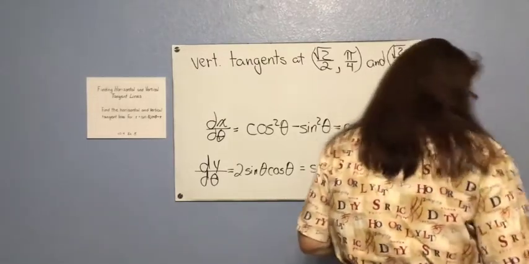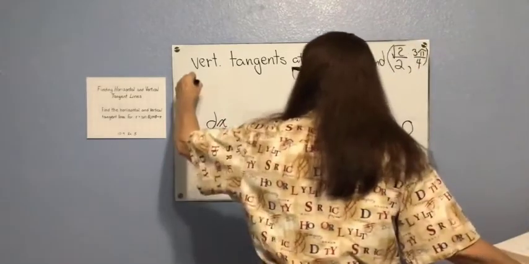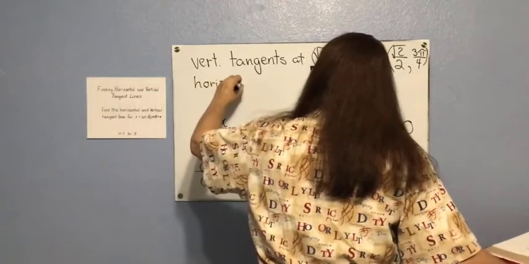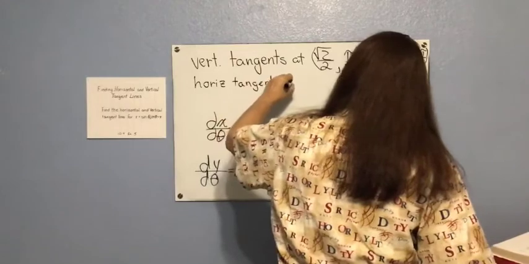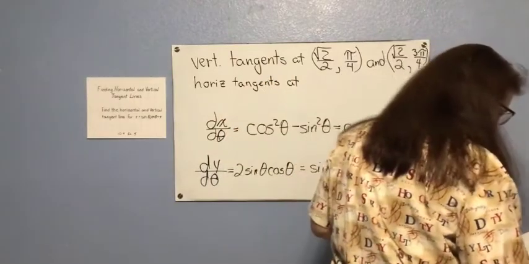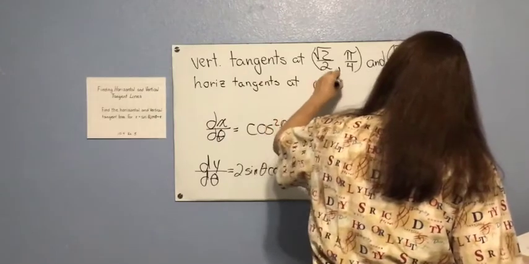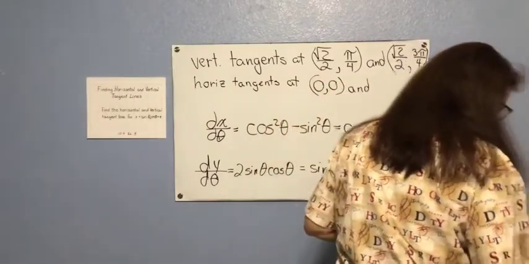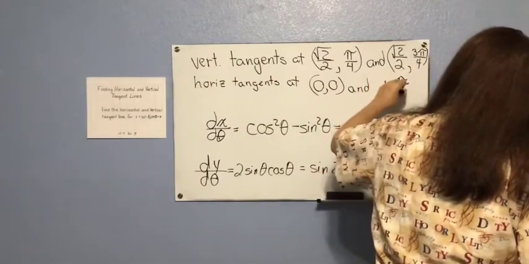So there's our two vertical tangents. We have horizontal tangents at 0, 0 and 1, pi over 2.